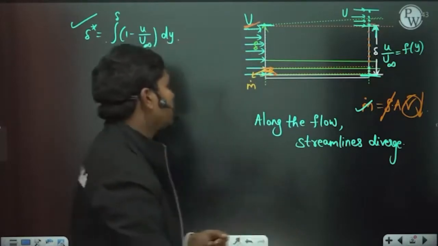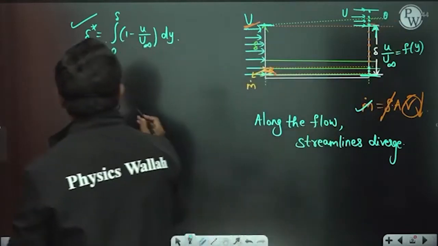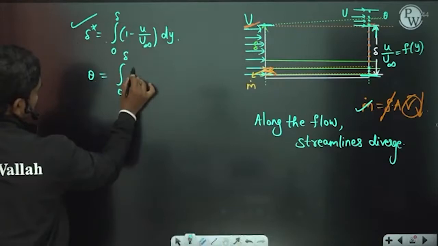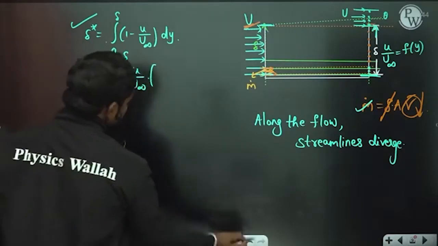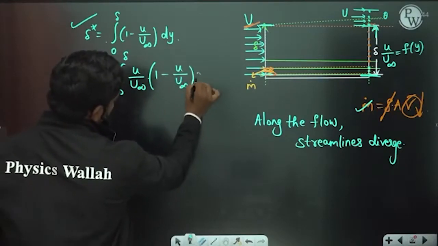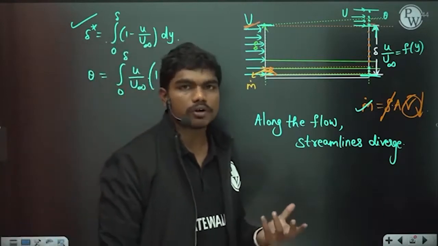And this thickness, which compensates for the loss of momentum, is generally denoted with theta. So theta is equal to the integral from 0 to delta of u by u infinity times 1 minus u by u infinity dy. Similarly, for the loss in energy, we talk about the kinetic energy thickness.